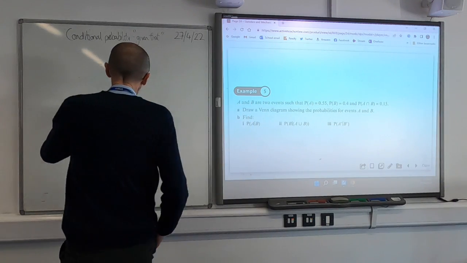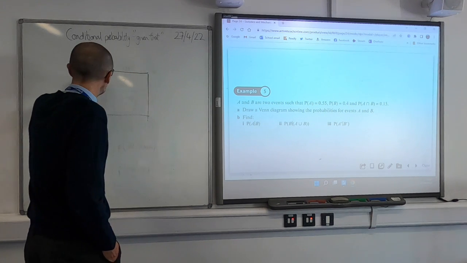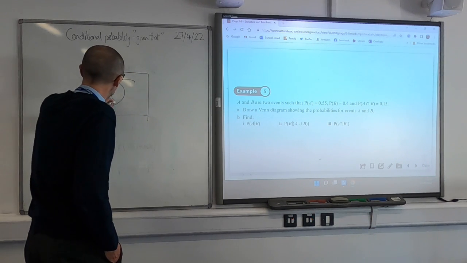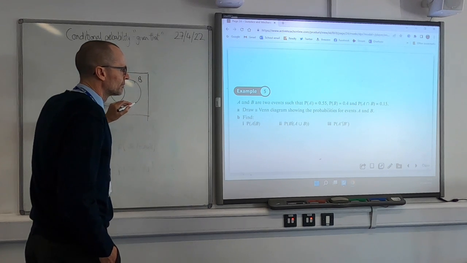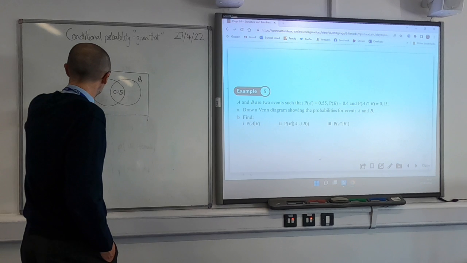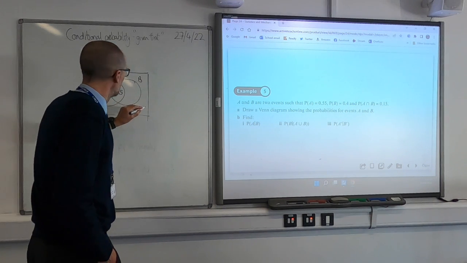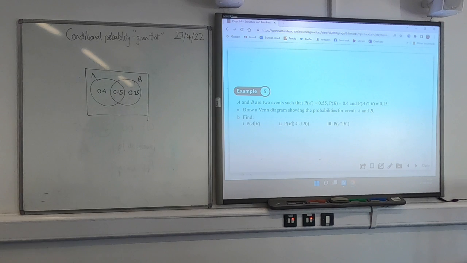Remember the 0.55 for A includes the bit in the middle. And don't forget the bit outside the circles, which we have to work out in this case.